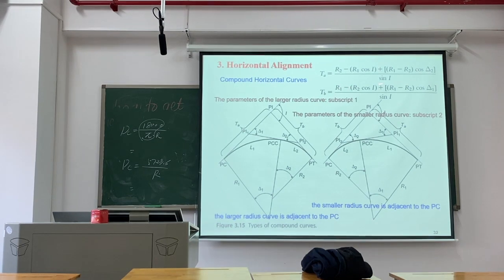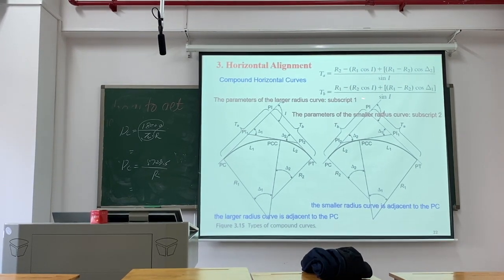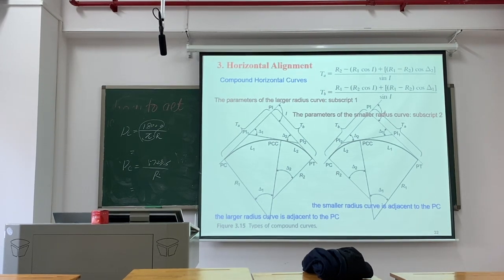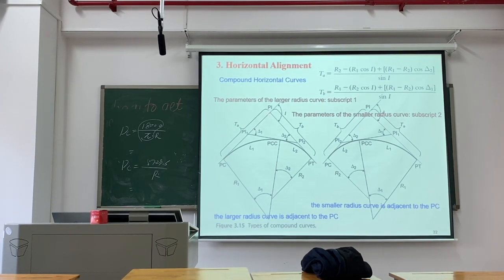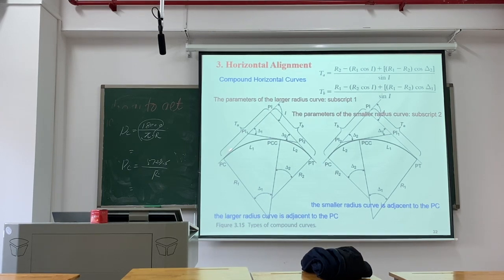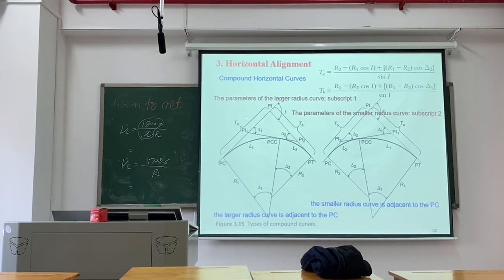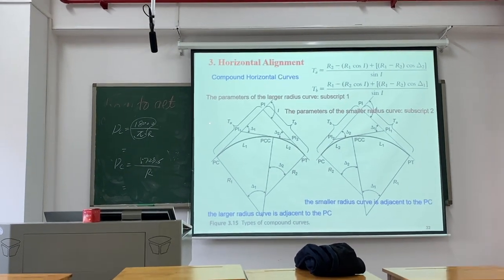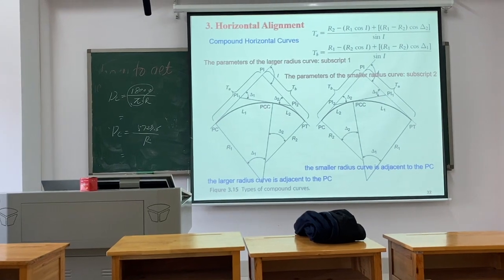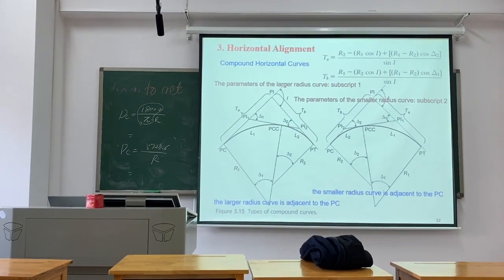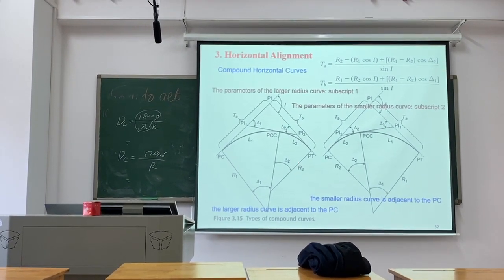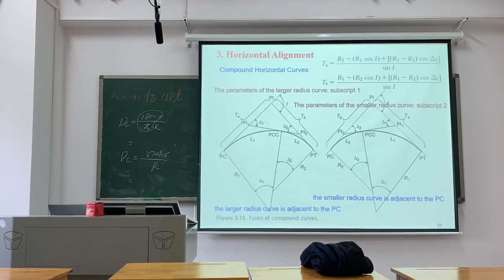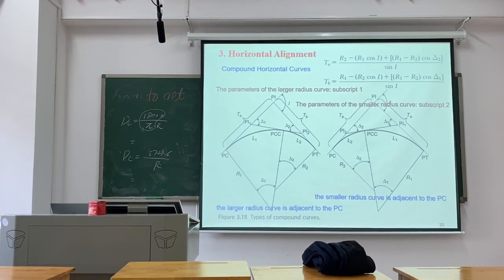We can use these formulas or equations to calculate TA and TB. TA corresponds to the larger radius, but TB is the smaller, so TA and TB are not the same size.